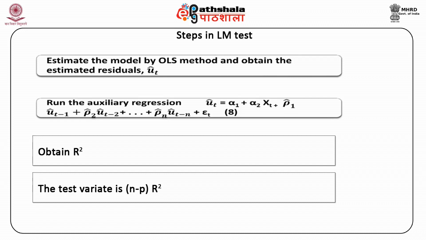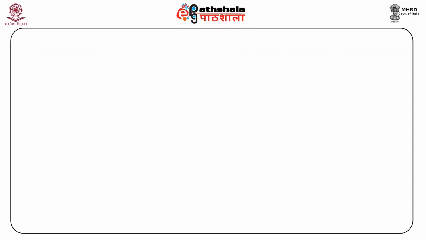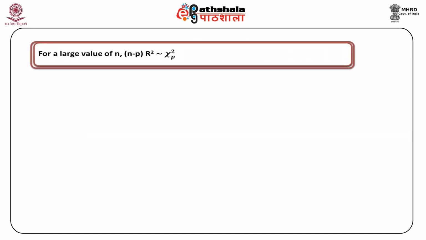So that is our test criterion statistic. The fifth step is that for a large value of n, (n minus p) into R square is distributed as chi-square with degrees of freedom p.